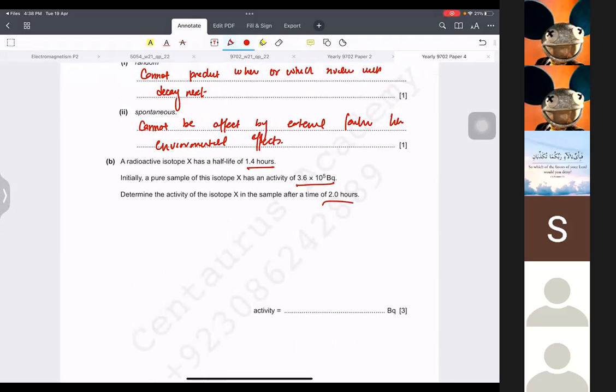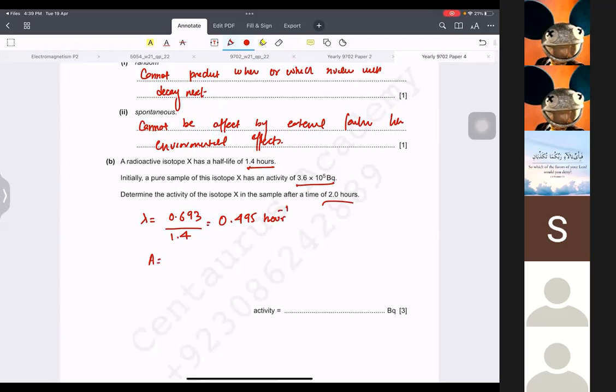We have the half-life, and we can find lambda by doing 0.693 divided by 1.4. That is 0.495 per hour.